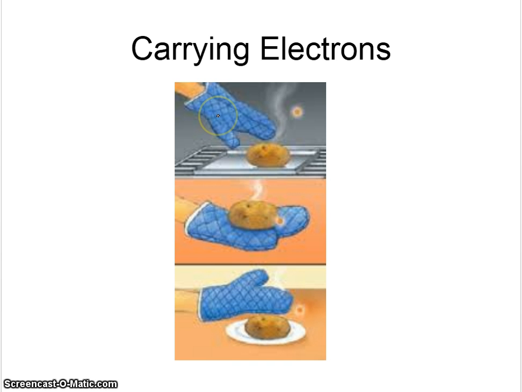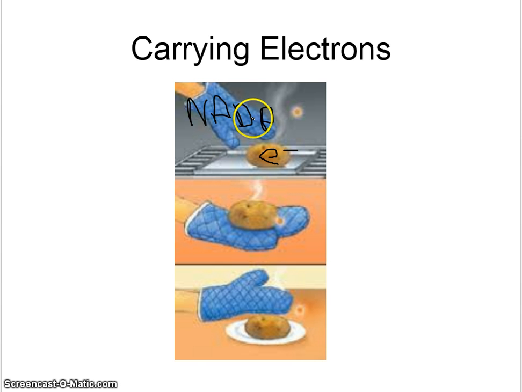If you think about an oven mitt and what it's for, grabbing something very hot. Okay? So this right here would contain the electrons. Electrons are high energy. They're hot. And you need the oven mitt to hold on to those high energy electrons. And that's your NADP. Because you've got to have an oven mitt to hold on to those high energy electrons.